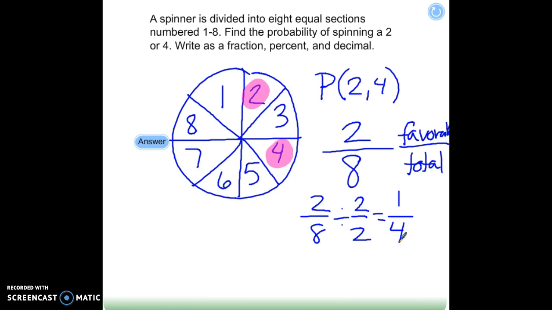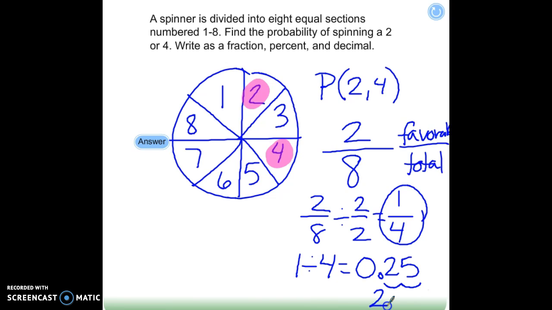So my final answer for probability as a fraction is 1/4. And then I can take 1 and divide it by 4 in my calculator, and I get 25/100. I can then write this as a percentage by moving the decimal 1, 2, and I get 25%. So my answers are going to be 1/4, 25/100, and 25%.